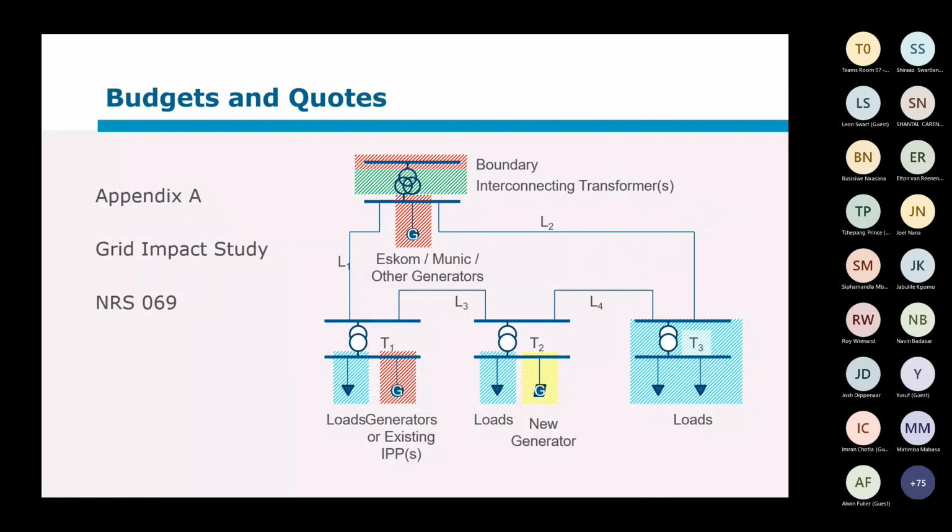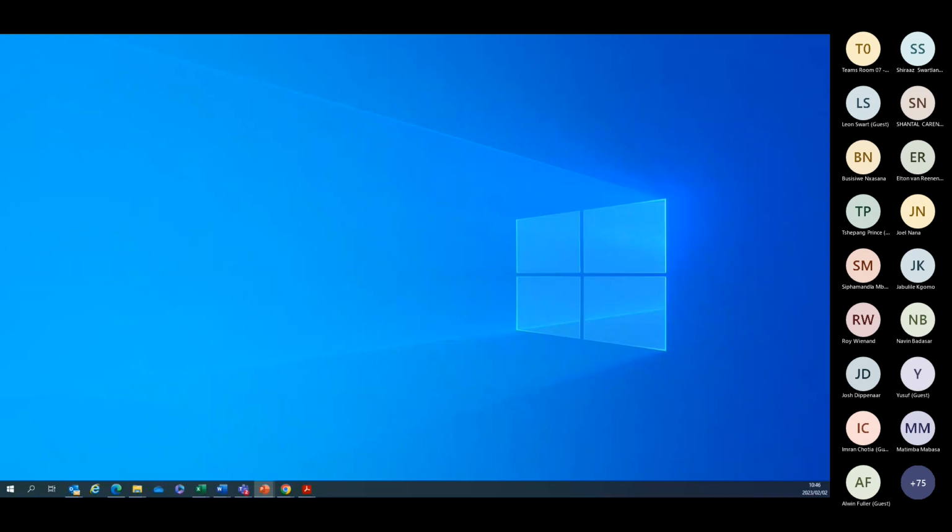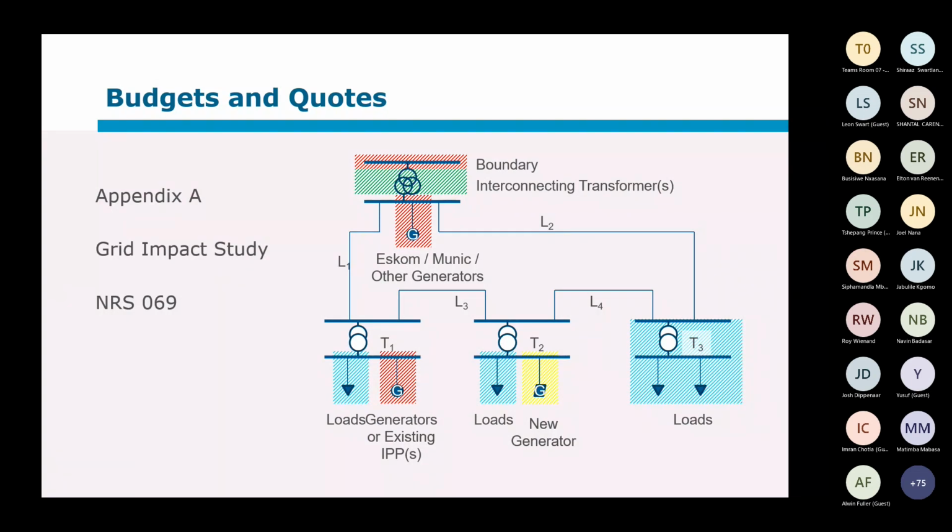All right. So just now we said, as an example, we are going to assume that this is the new generator, and this might be the existing customer's point of connection.